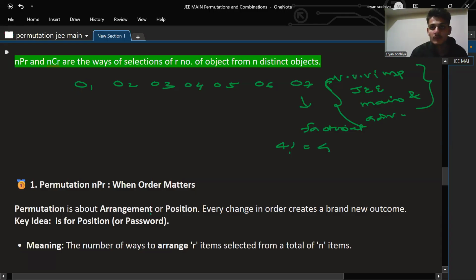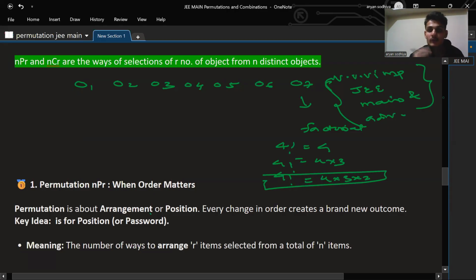Is it equal to 4, or 4 into 3, or 4 into 3 into 2? What do you think? Factorial means multiplying the given integer with its preceding integers till 1. Like n factorial means n into n minus 1 into n minus 2 till 1.